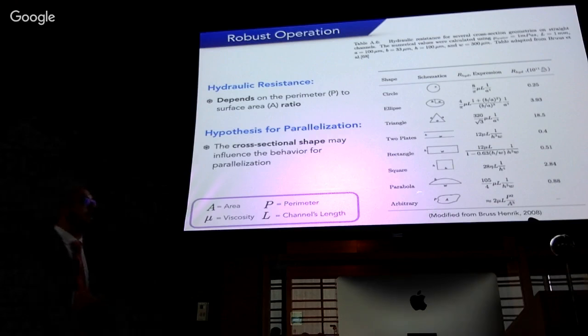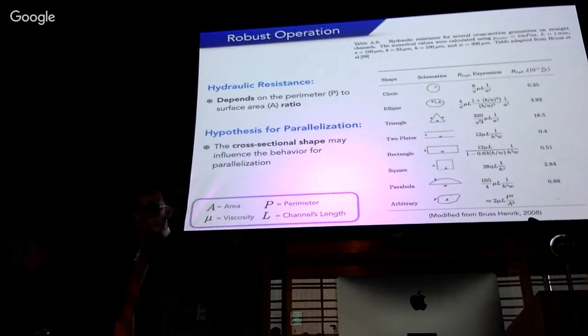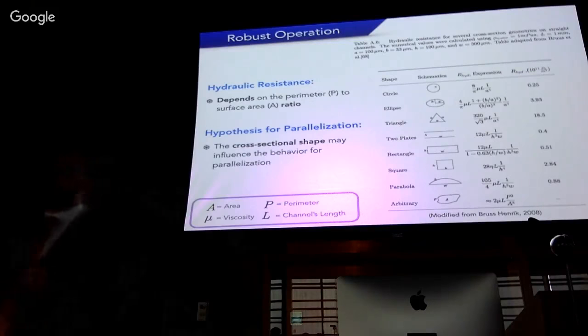And in fact, we have all these formulas, but an arbitrary shape is approximated as 2 times the viscosity times the length of the channel, and then we have a relationship between perimeter squared and area cubed. So we have all these geometries to try.